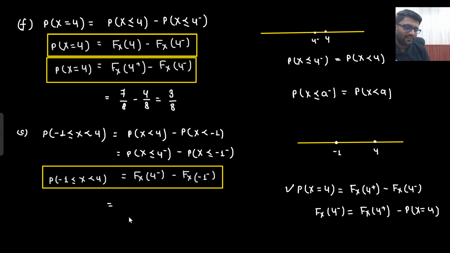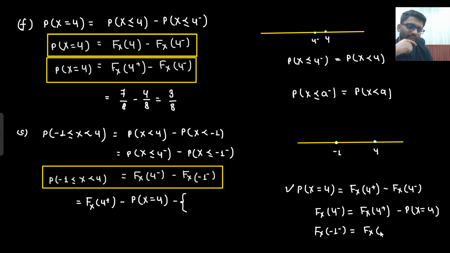So what this could be written as? Fx of 4 minus could be written as fx of 4 plus minus probability x equal to 4, right? Minus. What about this one? Fx of minus 1 minus. Similarly, fx of minus 1 minus could be written as fx of minus 1 plus minus probability of x equal to minus 1.